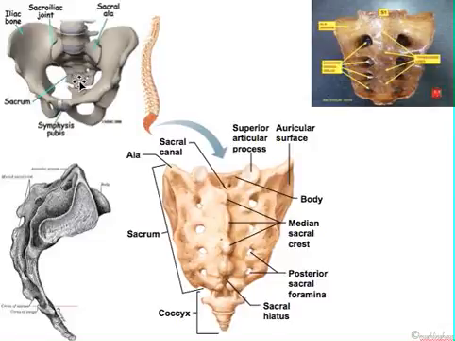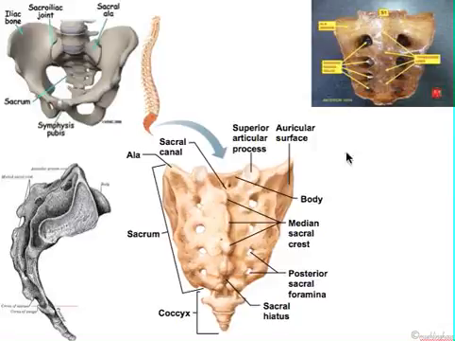But now it's just a line. Sometimes there is a little disc, and we got one of them in lab that has a disc in it, but most of the time these are fused. So those are known as the transverse lines.